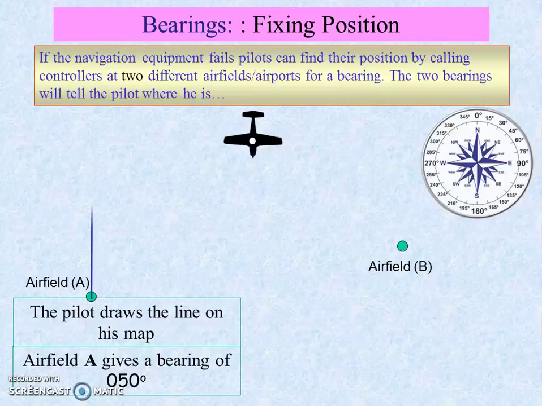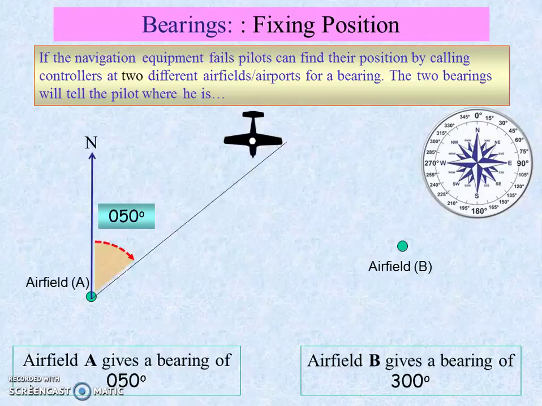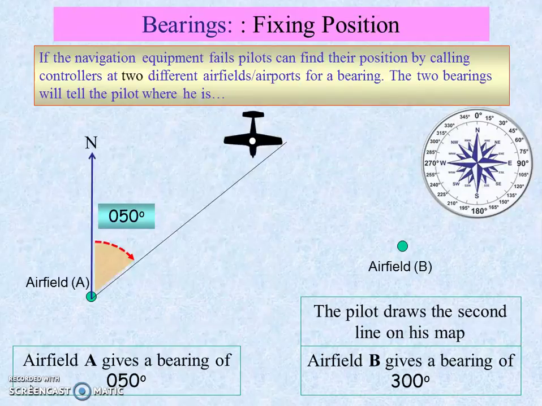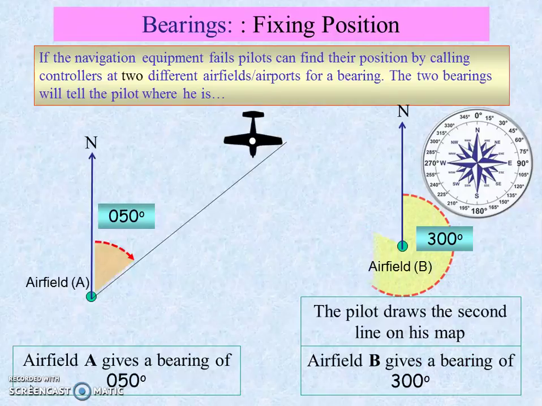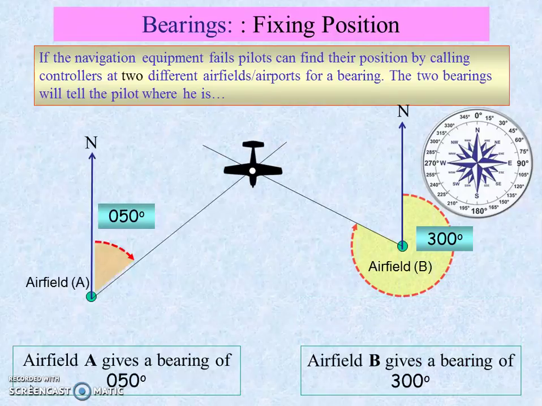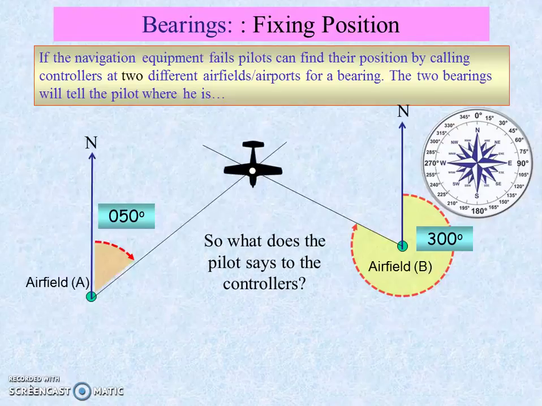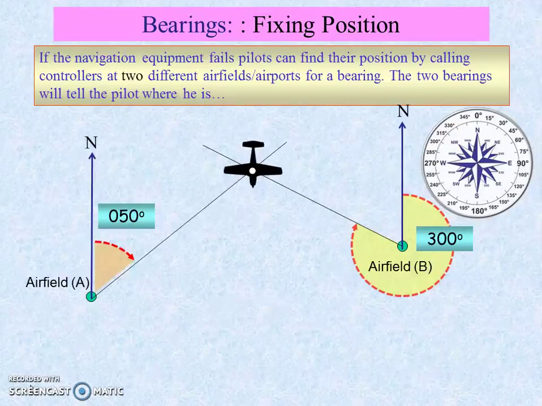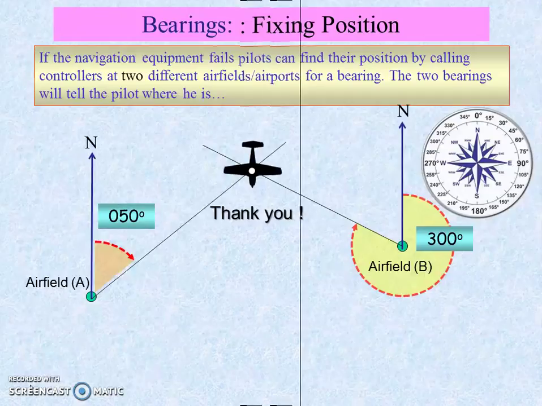The pilot draws the line on his map and then does the same with a bearing of 300 degrees from the other airport. So what does the pilot say to the controllers? Thank you.